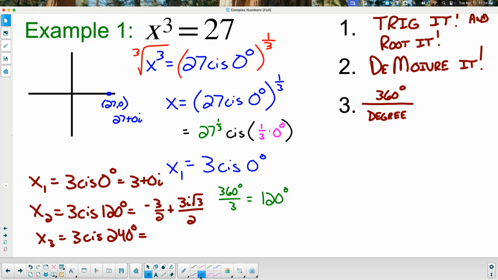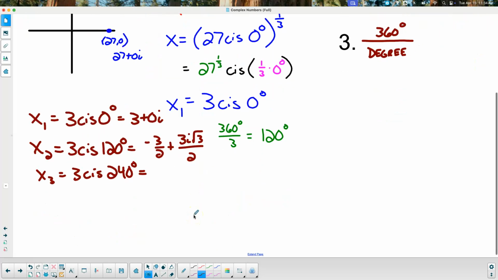And the last one at 240, it's going to be negative 3 over 2 minus 3I square roots of 3 over 2. Okay?